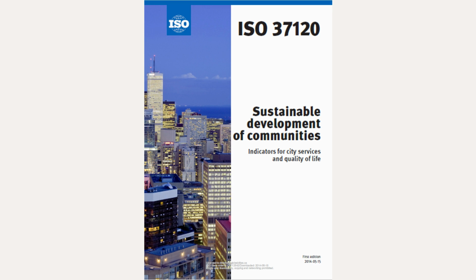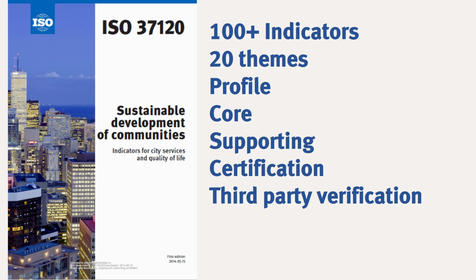Like for life cycle assessment, an international standard was developed to measure the performance of city services and quality of life. The ISO standard 37120 was established and published a set of indicators that help cities to monitor their performance, either for comparing their results with other cities or to set mitigation objectives.